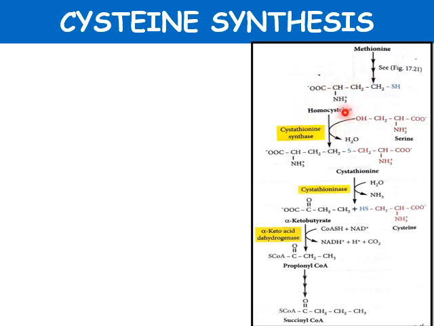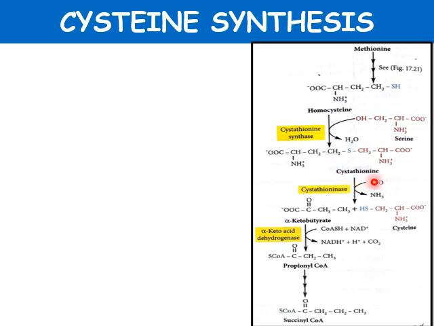Now this homocysteine reacts with the serine, that is a hydroxyl group containing amino acid, and in the presence of cystathionine synthase enzyme, it forms cystathionine. For this reaction, what we require is pyridoxal phosphate as a coenzyme, PLP. So here there is the role of vitamin B6 in the metabolism of methionine and cysteine.